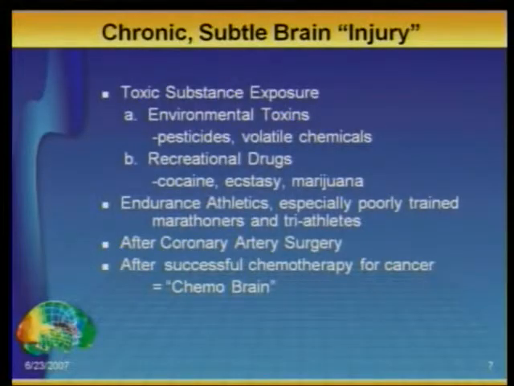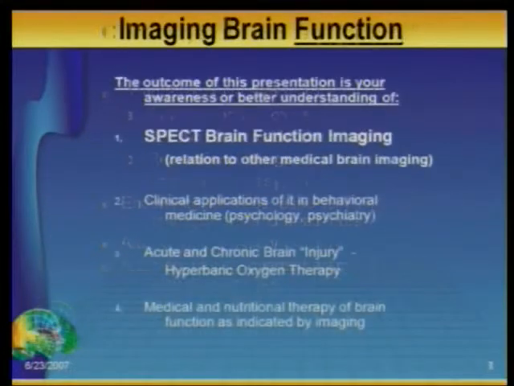And yes, there are other ways to injure your brain, whether it's environmental toxins, recreational drugs, which are common in our society, and even some other things which are good, like coronary artery surgery, and even people who've recovered from effective chemotherapy for cancer. Those substances impact the brain and sometimes result in long-term changes in brain function, and it makes sense to use brain function imaging to find out about that.